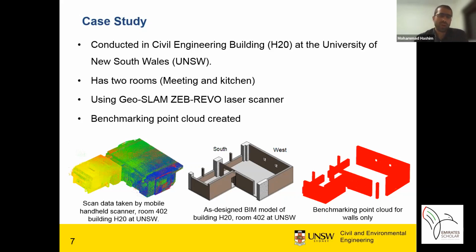We also provided a BIM model for those 2 rooms, as you see in the middle. We generated the benchmark point cloud from this BIM model only for walls, as you see on the right in red color, because the focus of the case study was only the walls.